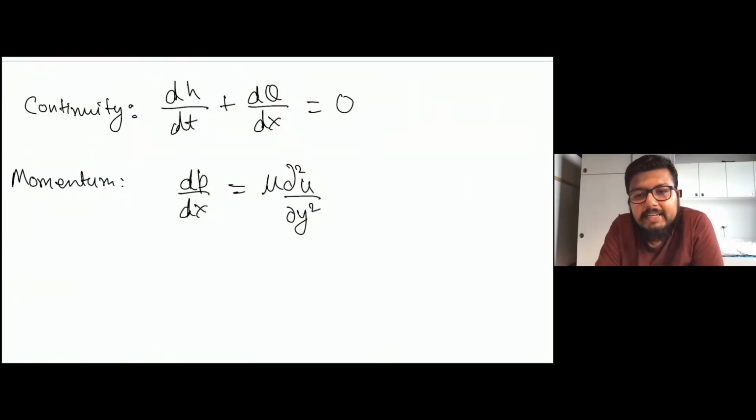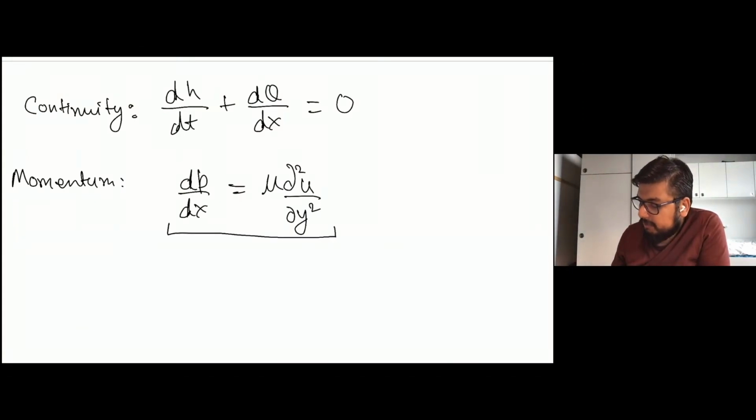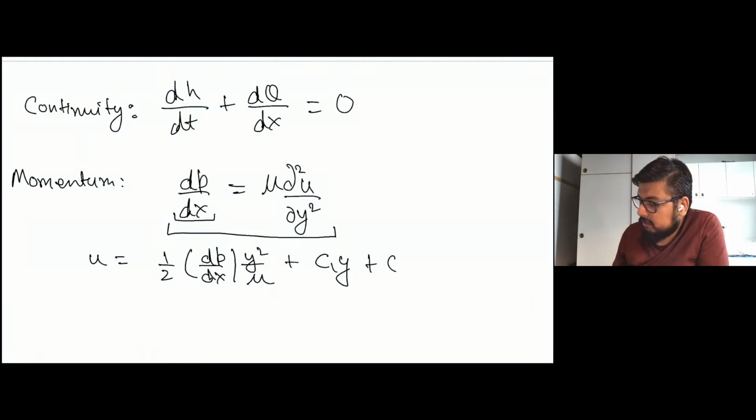So here, once again, I have summarized the lubrication equations for you. Now we can integrate the momentum equation, and we can do so because for pressure, we don't have any y dependence. Once we integrate it, we get u is equal to half of dp/dx y squared by mu plus c1 y plus c2.